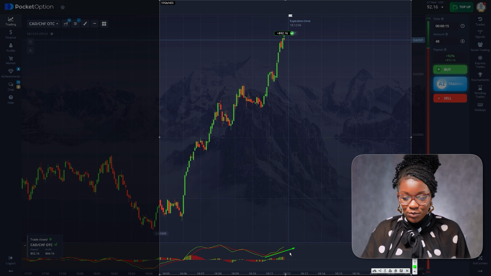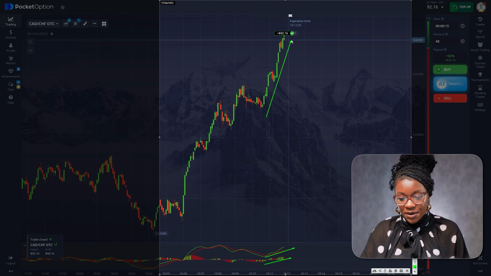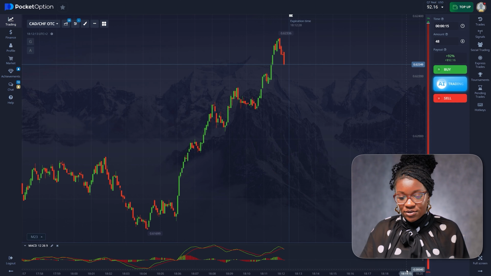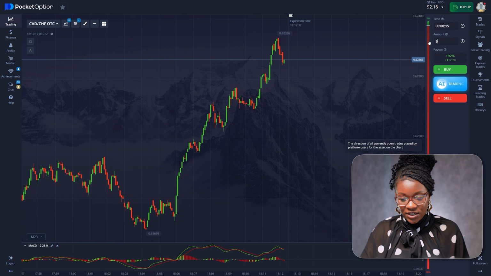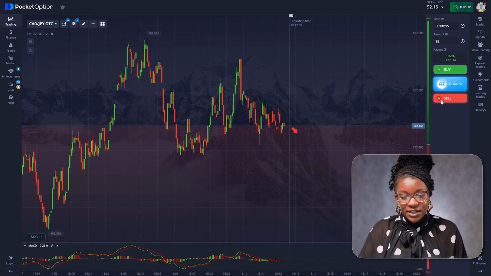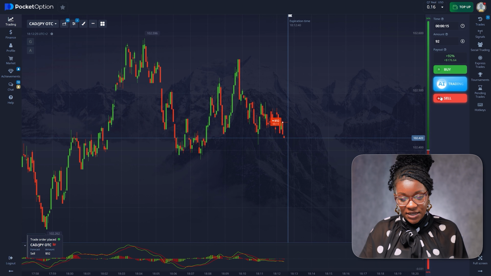We see an upward movement of the MACD, which is accompanied by a green histogram. We open upward. We didn't think about it at all. Just an upward movement of the chart and an upward movement of the indicator. Here we see a negative bias on the MACD indicator.